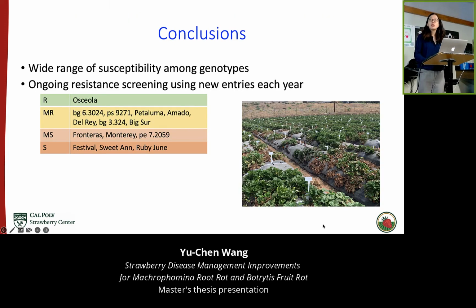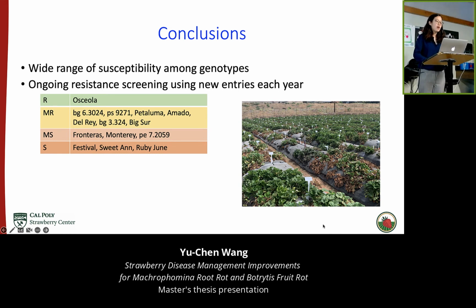Finally, I would like to conclude some findings from this research. We see a wide range of susceptibility existing in all breeding programs. Some of them have resistance, some are susceptible, but that exists in all the breeding programs. They might be very good breeding materials. And I conclude some resistance information.